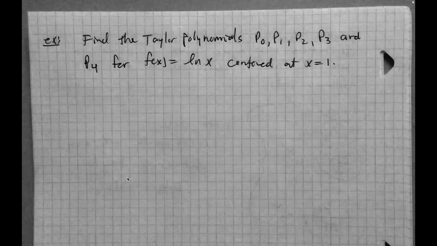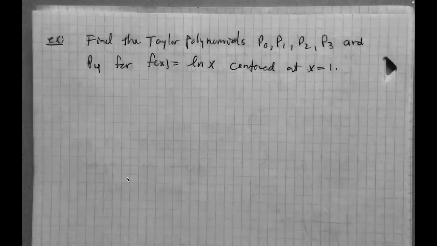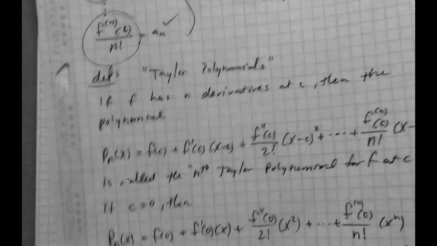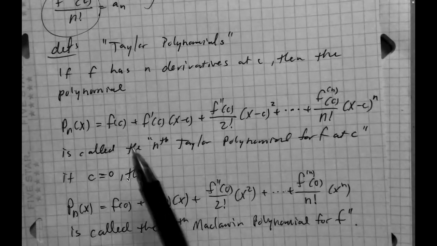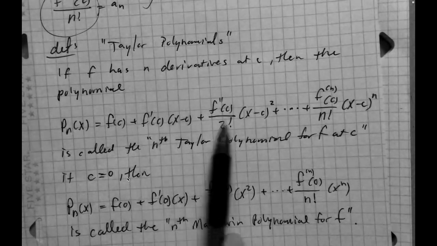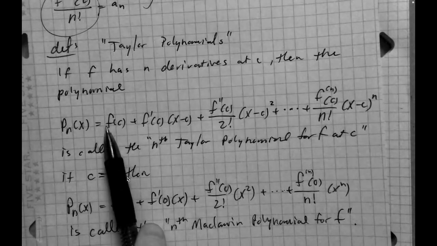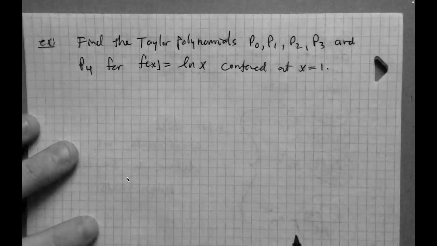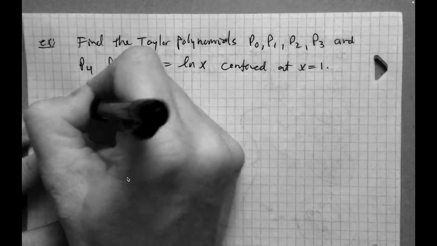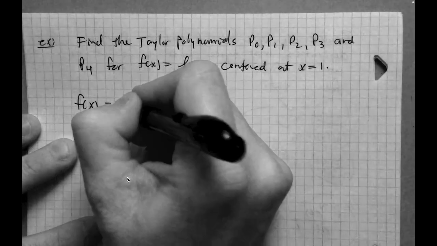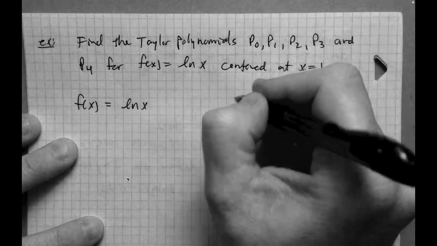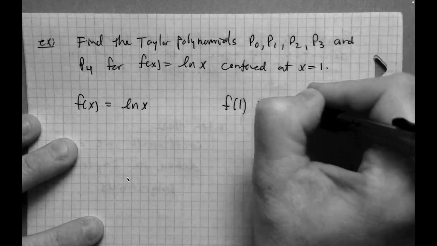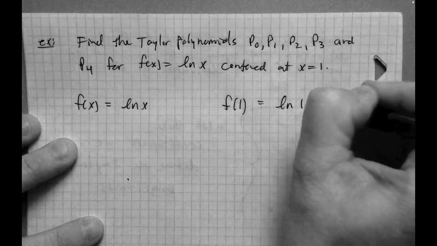So we know from what we just discussed that to find this polynomial we need to identify the derivatives of f, and we also have to evaluate the derivatives at whatever c happens to be. So let's do that first. f of x is equal to ln of x, and f of 1 is equal to ln of 1, which is 0.